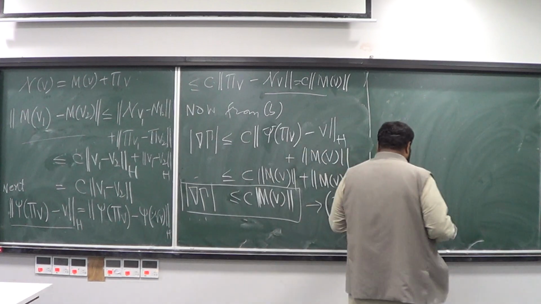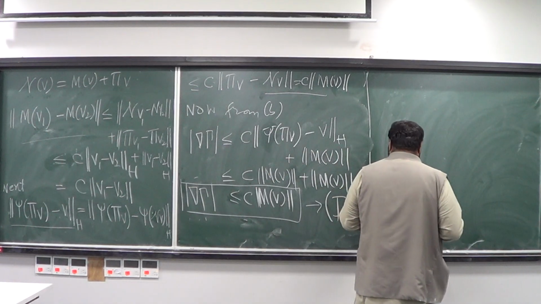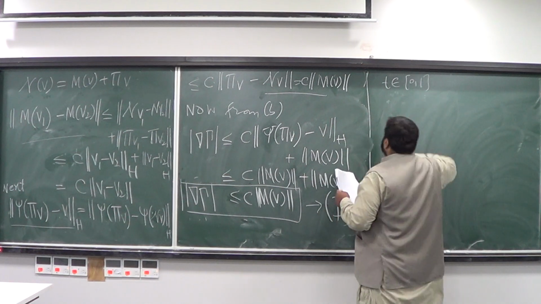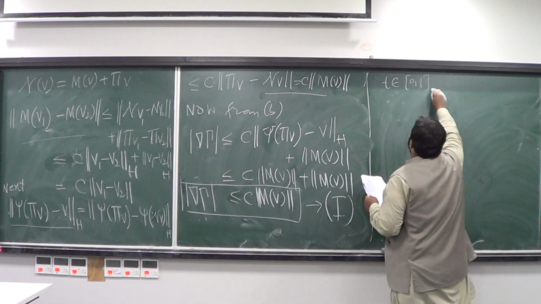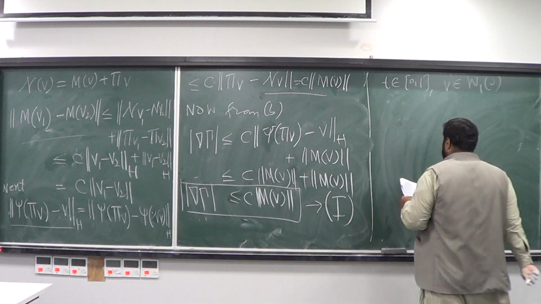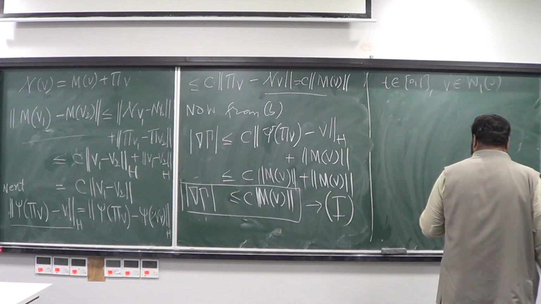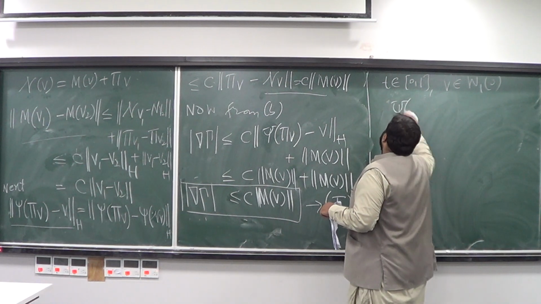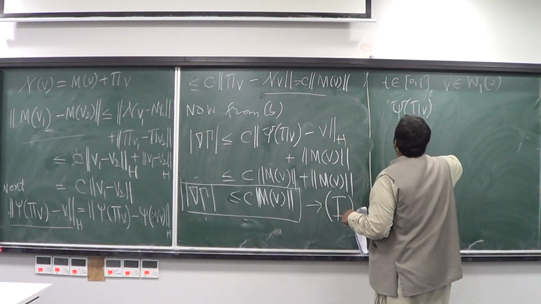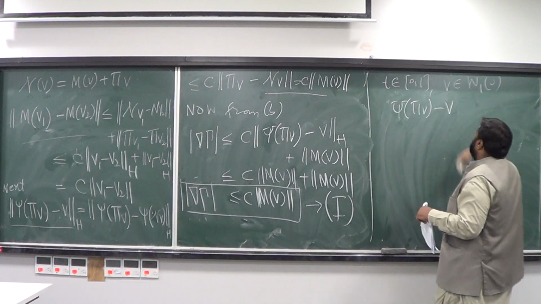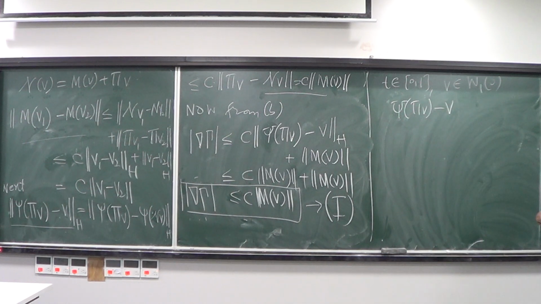So let's now take an instant t from 0 to 1, and let's take a v from W1 of 0, a neighborhood of 0. I know that psi of pi v is also going to be an element in W1 of 0, and if you subtract v, this is also going to be an element in W1 of 0.